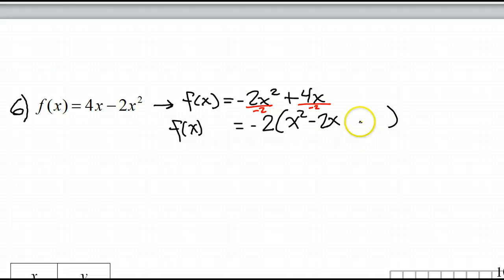Now it's time to complete the square. So half of this is -1. Square that and you get +1. So I'm going to put a +1 right here. Am I going to put a +1 on the left side as well? No? What am I going to put? I'm actually going to put a -2 over here.